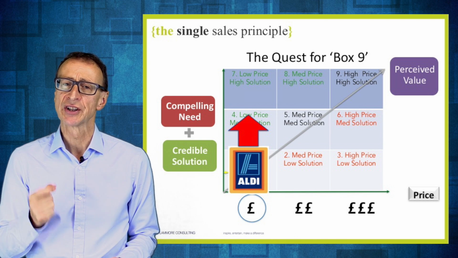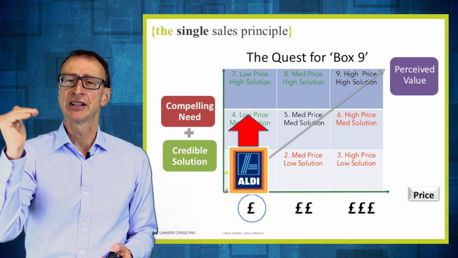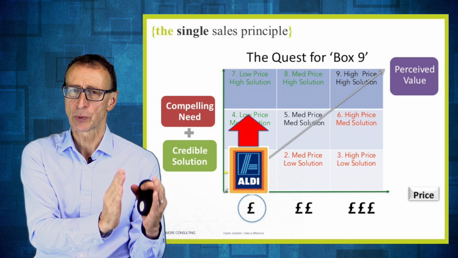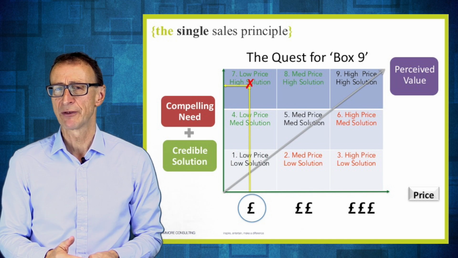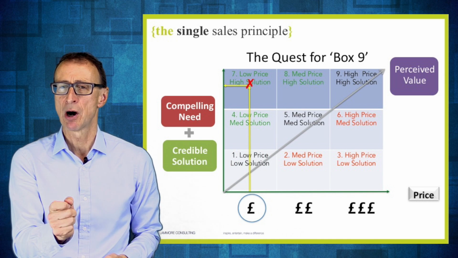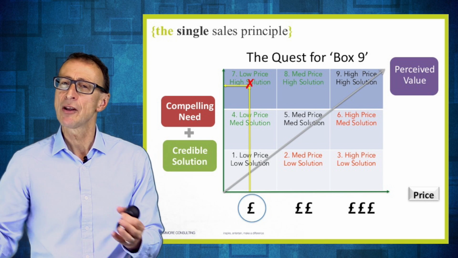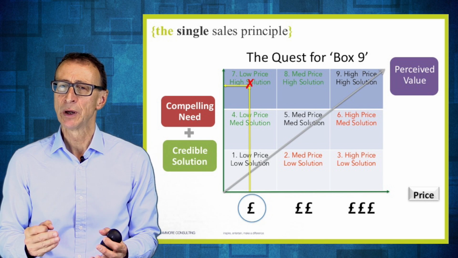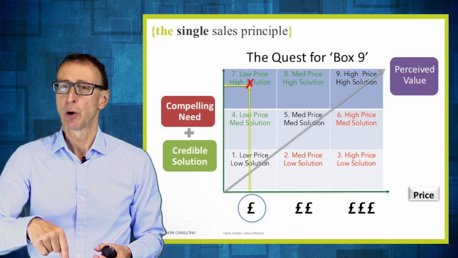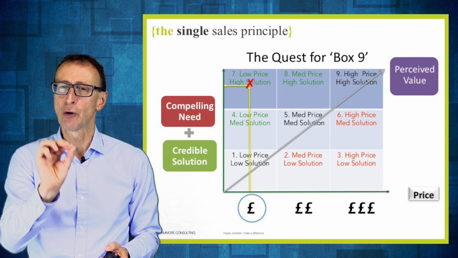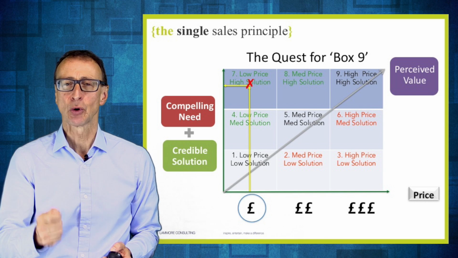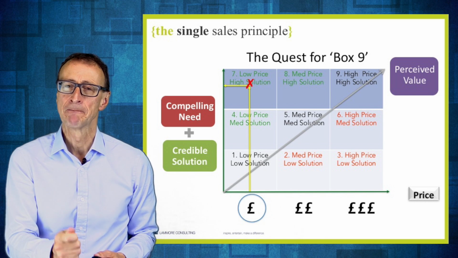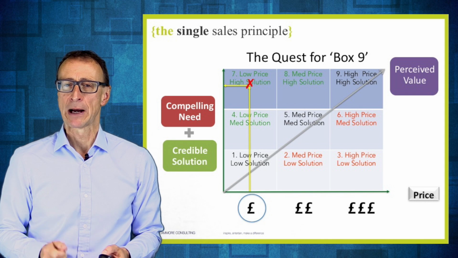So for those guys, they're very much elevating themselves. Even though they're charging a low price, they're getting into box 4 and in some cases box 7, which is really, really smart. Now, they may have other products out there which are in box 1. But their box 4 and box 7s are really giving them excellent PR. People are talking about the great value that we get from Audi.